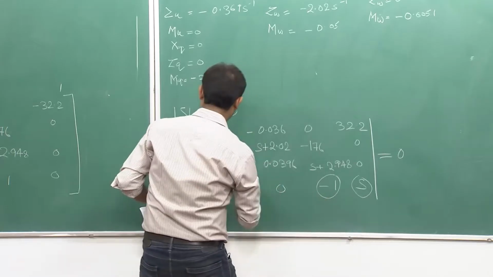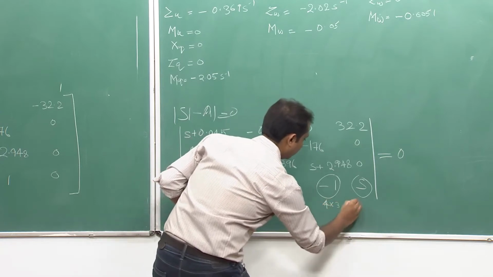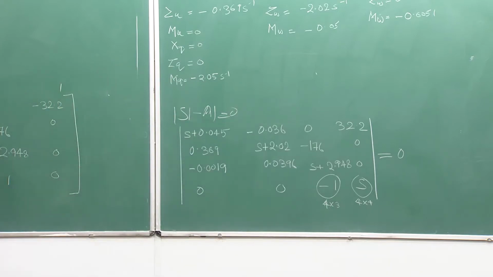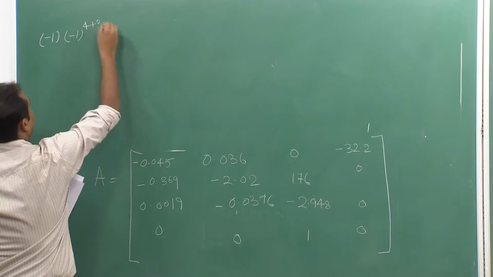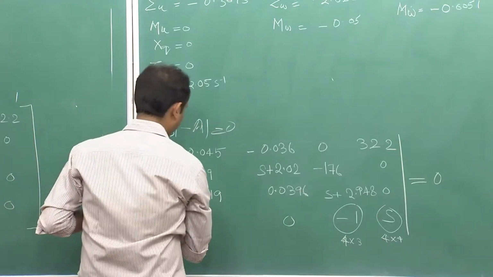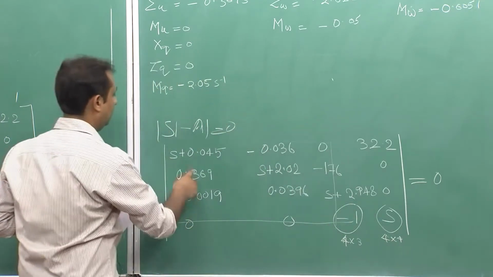Since this is a 4 cross 4 matrix, this element is in row 4, column 3, so the sum of the position of row and column is 4 plus 3, then the determinant of the matrix remaining by eliminating the row and column in which that element lies.